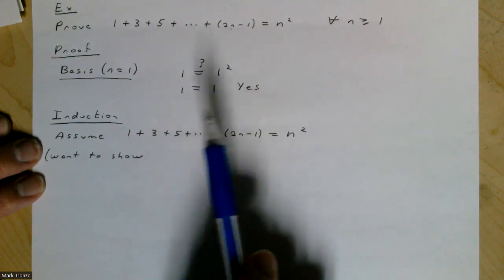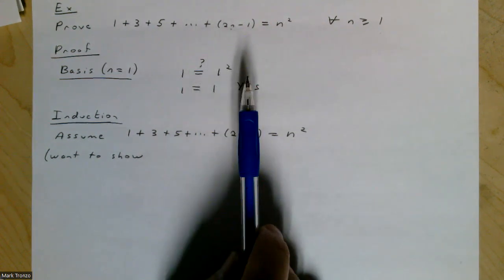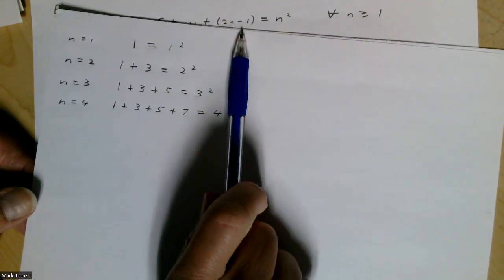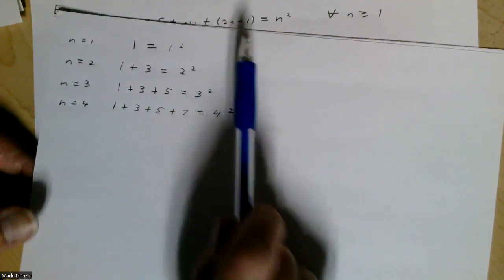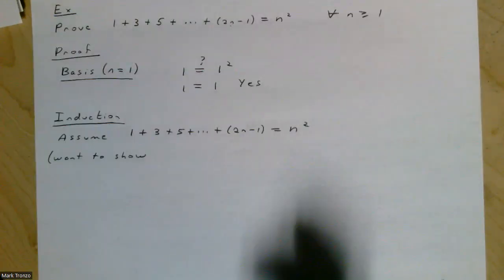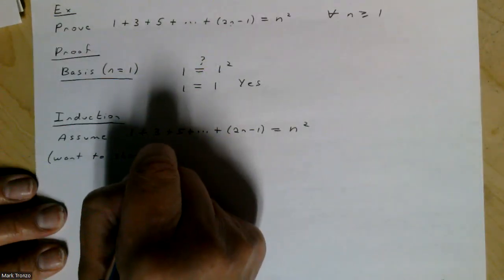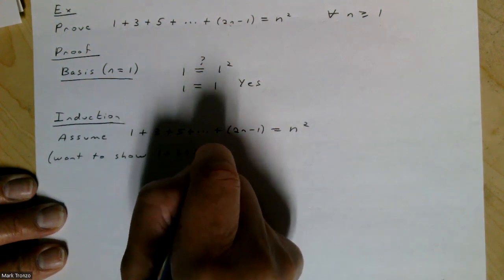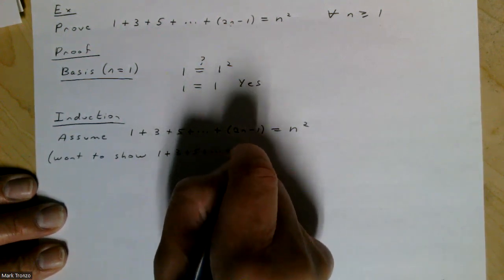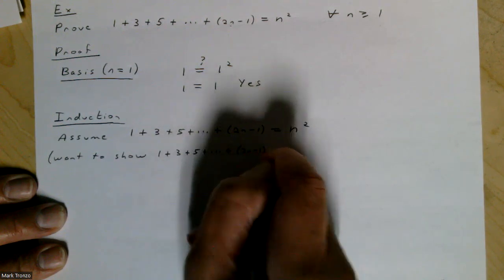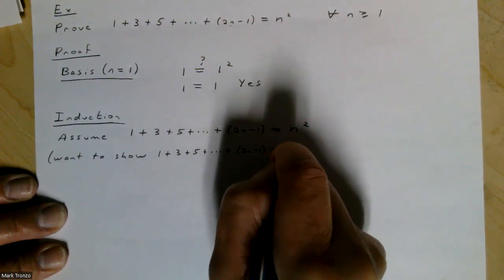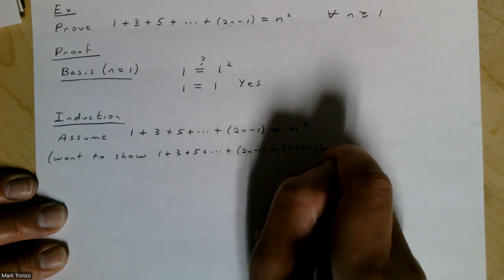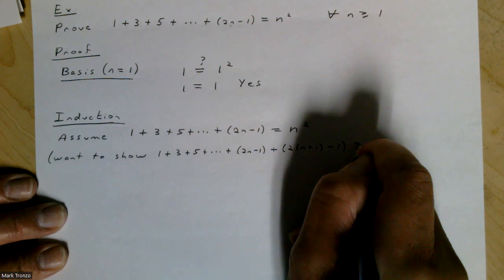Now, in this case, remember, we're showing how things were progressing. On the left-hand side, when we go to n plus 1, we're going to be adding that term. So we want to show that 1 plus 3 plus 5 plus up to 2n minus 1, then the next term is going to be 2 times n plus 1 minus 1.